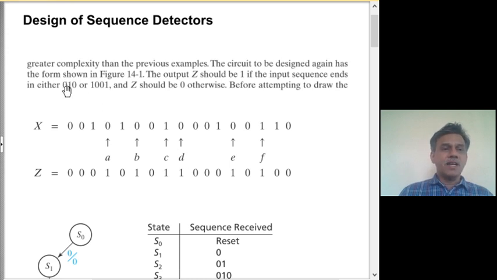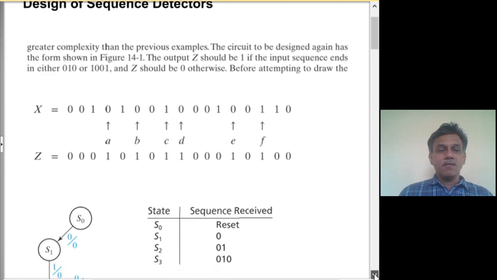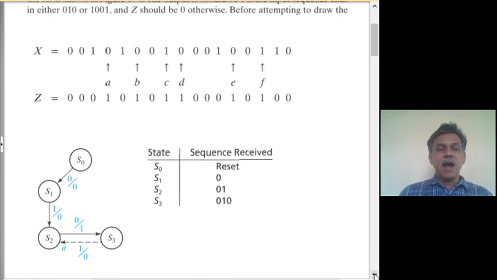So we will first consider the case 0 1 0. Supposing we start off from a state and then this pattern 0 1 0 occurs, how will you let the machine detect this pattern 0 1 0? So we will start off with a state.